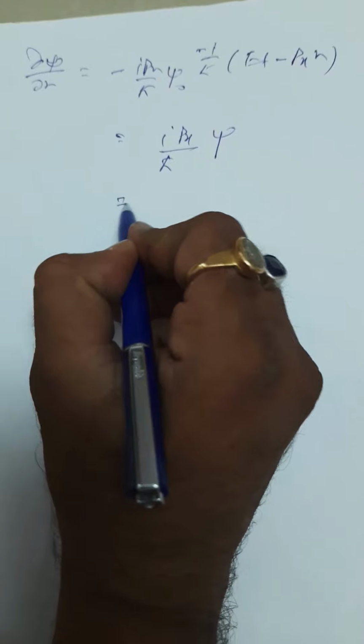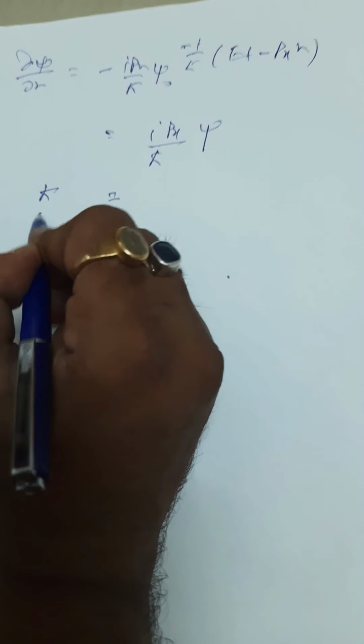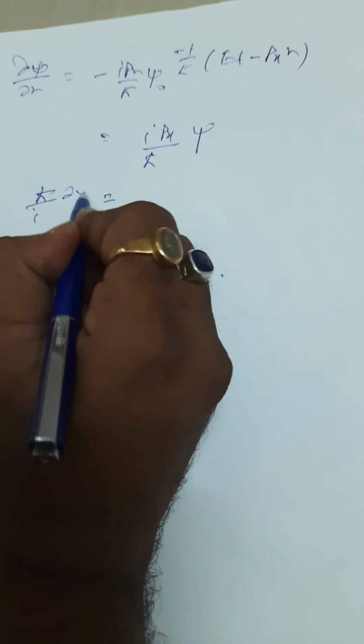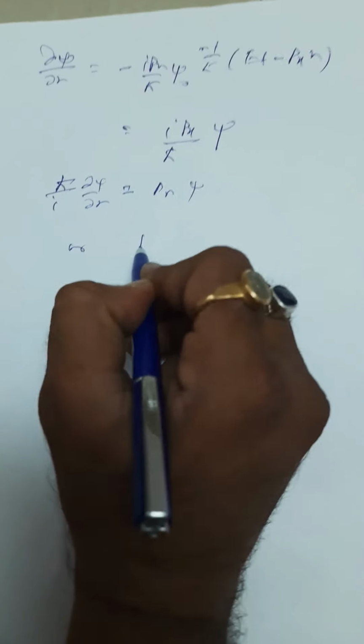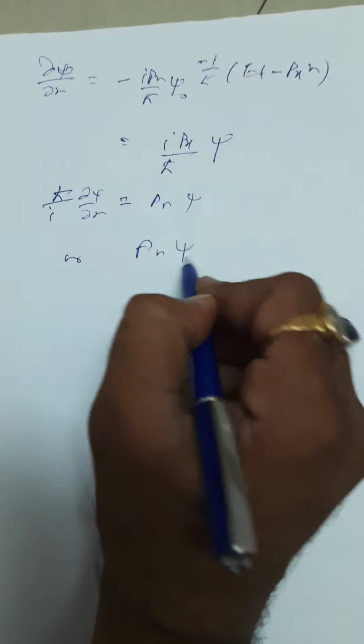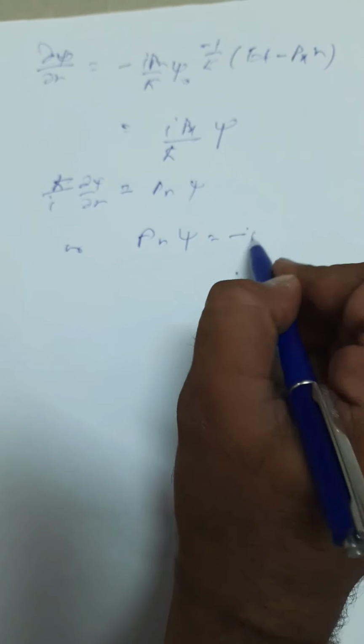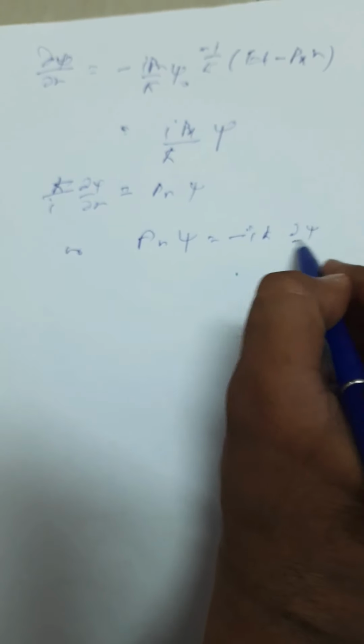So now h cross by i del psi by del x equals p_x psi, or p_x into psi equal to minus i h cross del psi by del x.